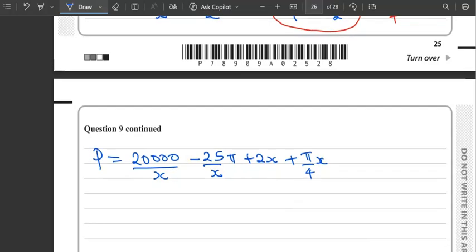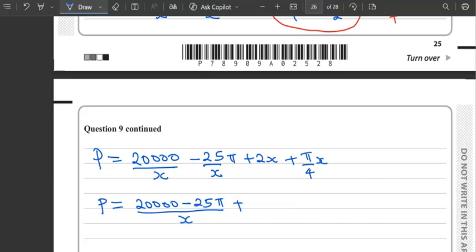Now, what are we supposed to do here? If we consider the first two terms of the perimeter function, both of them are expressed with x as the denominator, and also the last two terms both contain x. So first we can express the first two over a common denominator, then we factorize x in the second, so that we'll have P equals 20,000 minus 25 pi, and since these two are expressed over the same denominator, we can divide this by x.